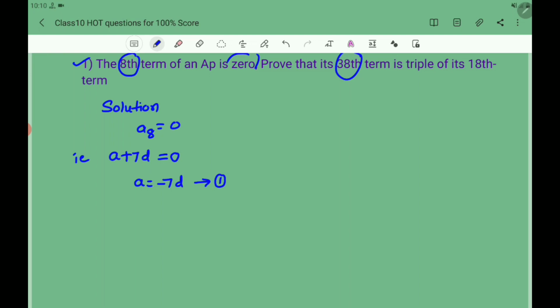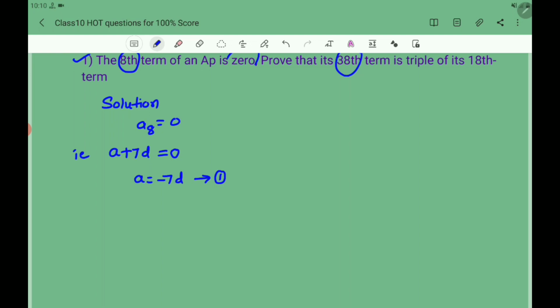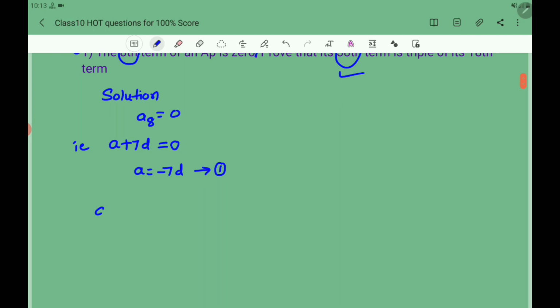Next, what is given? Here we have to prove that the 38th term is triple of its 18th term. A38 is A plus 37D. Why you have to take A plus 37D?